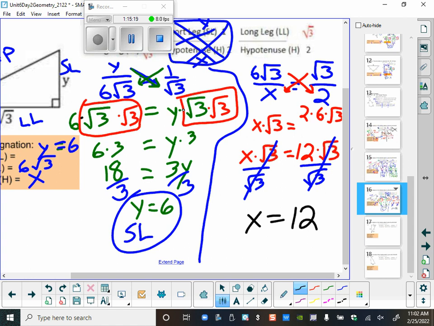So you can save some time. If you see that both sides are being multiplied by the same square root value, you can divide by that square root value and save yourself some time. So we just solved for the hypotenuse, which is 12.